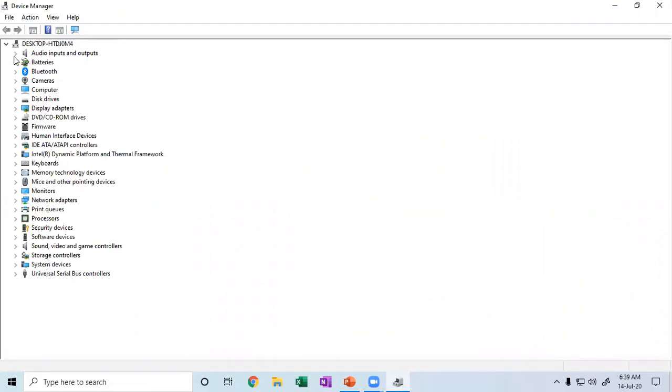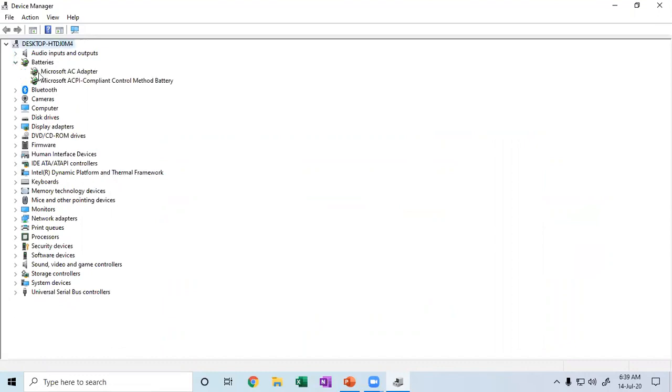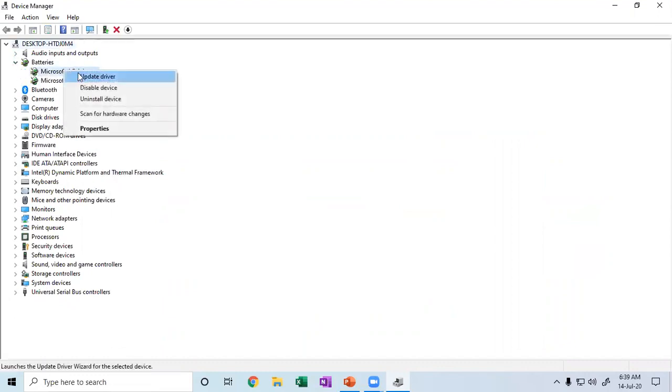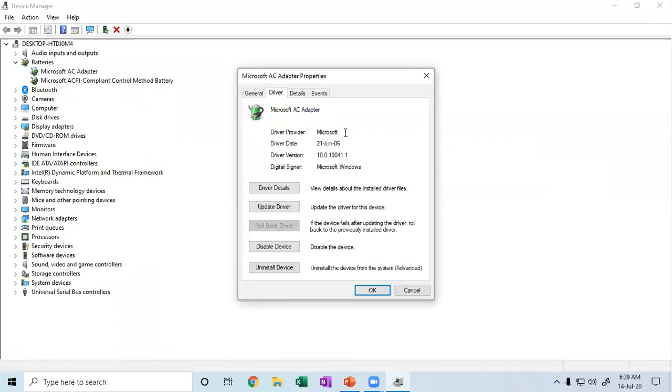Any device you select has options like update driver, disable driver, or install driver. So each device has its own device driver.